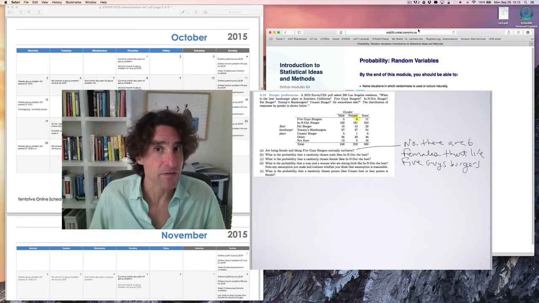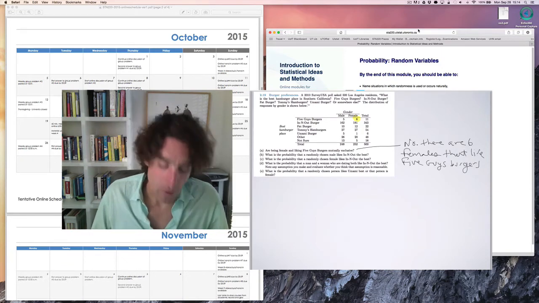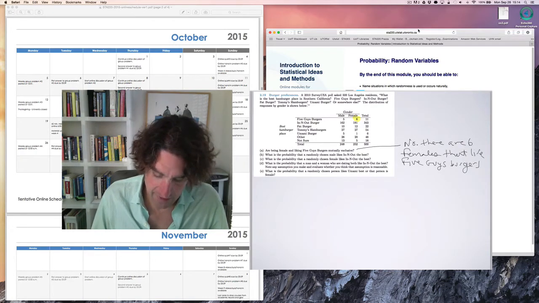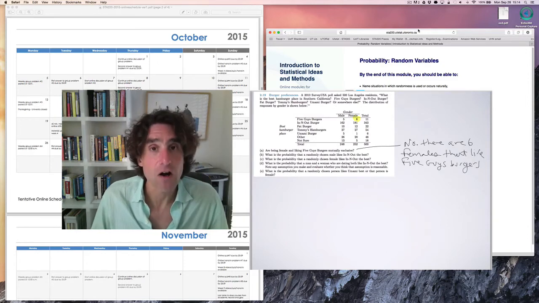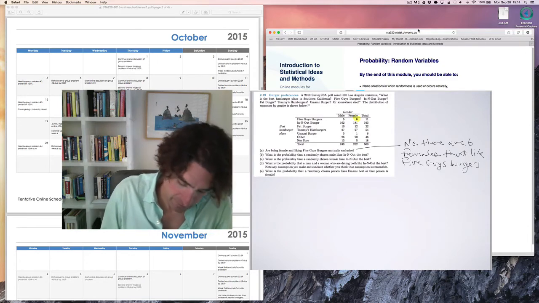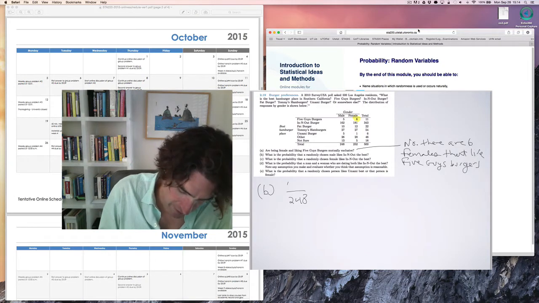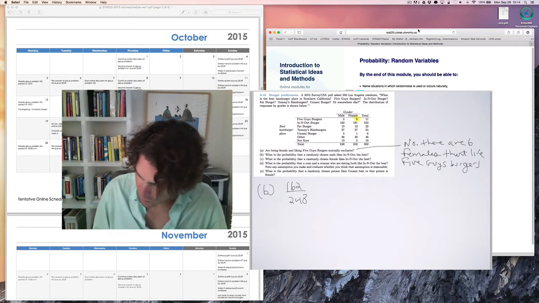And note that that's different from being independent. For part B, what is the probability that a randomly chosen male likes In-N-Out the best? So we have to look among all males. There's 248 males. So for part B, 248 males, and the number that like In-N-Out burger the best is 162.